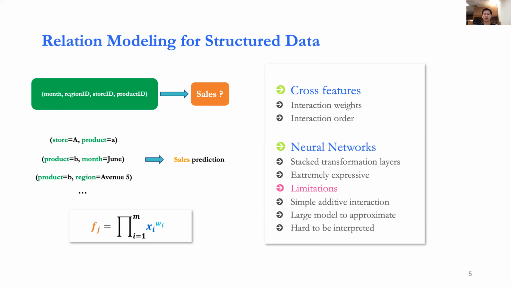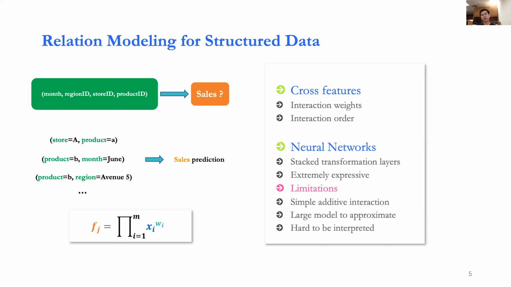For example, in this case, a particular store A may perform better at selling a particular product A, and the stores may push a particular product B in June and in region Avenue 5. So to make accurate sales prediction, the modeling process needs to take into account all such relevant feature interactions.